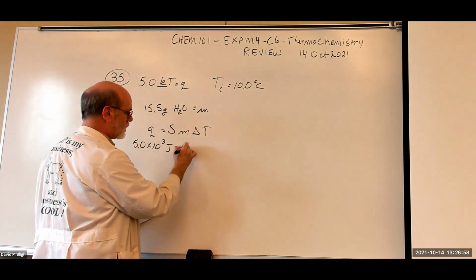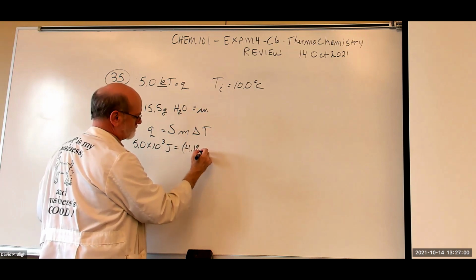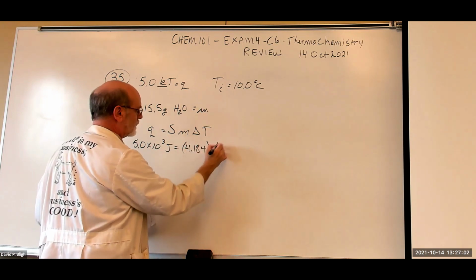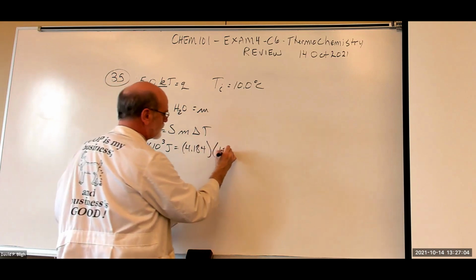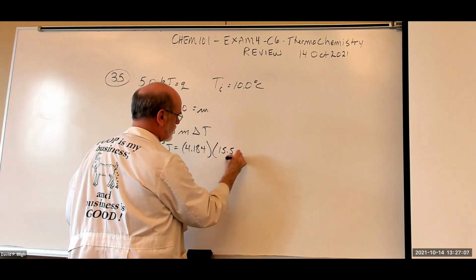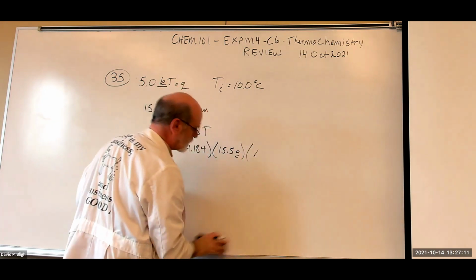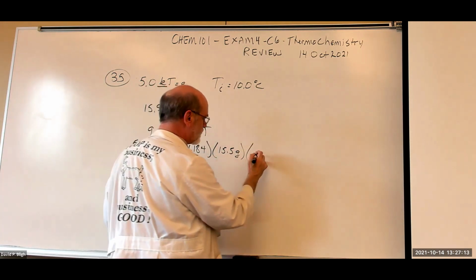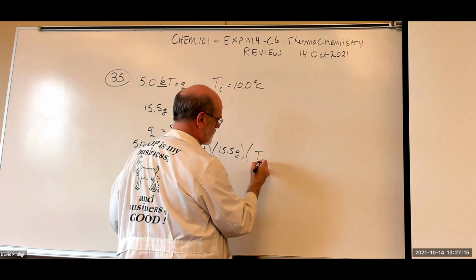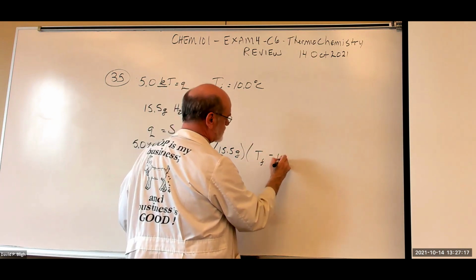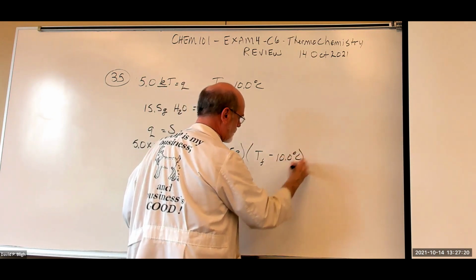So S for water is 4.184. And the mass is 15.5 grams. And the final temperature is our unknown. We want to know what temperature it is right now. Minus 10 degrees. There you go.